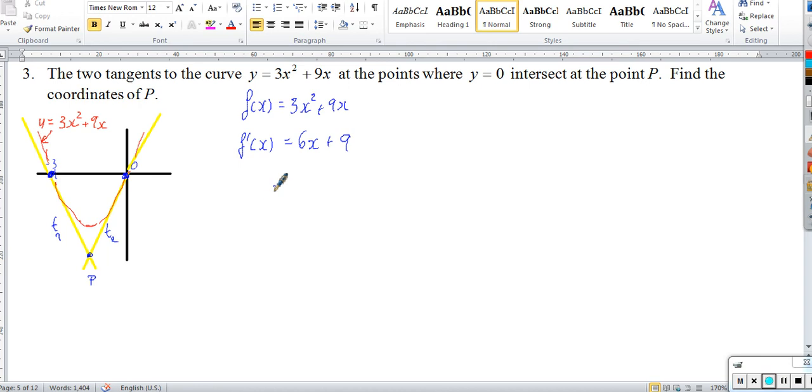Right? And now I'd like to evaluate this slope function at x equals -3, and eventually I'll do that at 0 too.